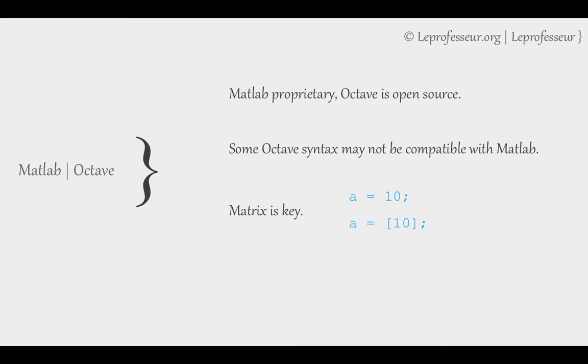That's the key idea. Always remember, you have to think in terms of matrices. Then you can write an efficient program, and make use of these software packages to the maximum.